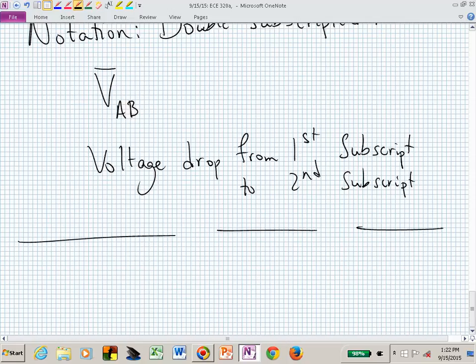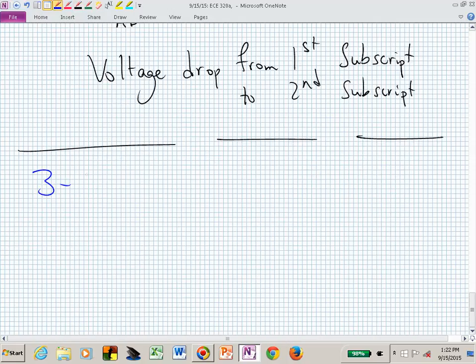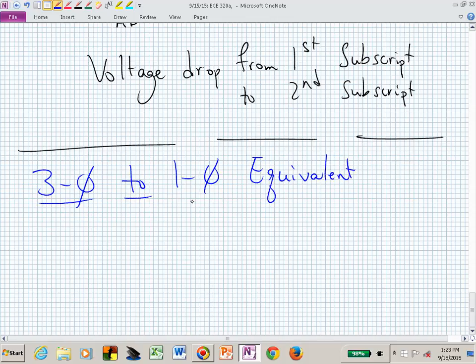And the reason we're doing this is so that we can now go back to chapter 10 and do all of our analysis using the techniques that I hope you're already comfortable with. It's just now we have to learn how to extract that information from the three-phase system. This is now going to be talking about the three-phase to single-phase equivalent justification.